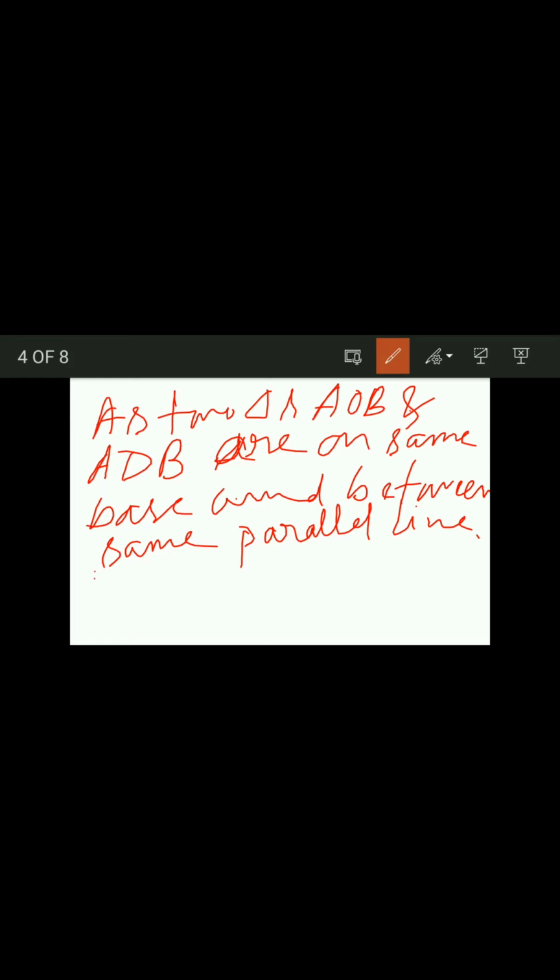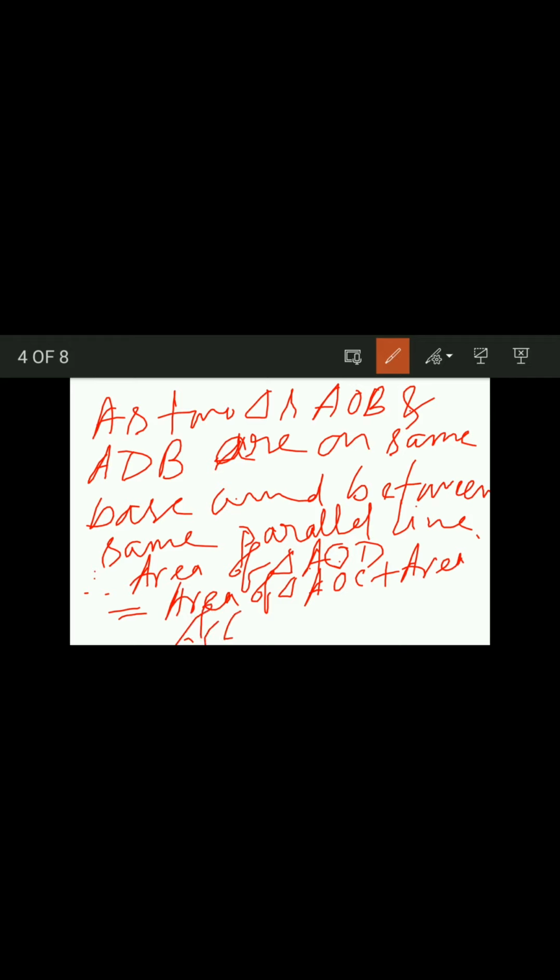Hence area of triangle AOD equals area of triangle AOC plus area of triangle AOB.